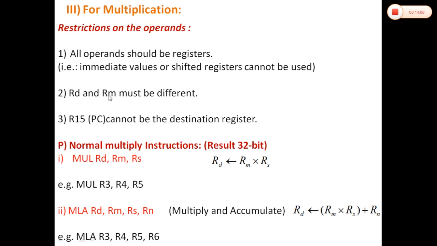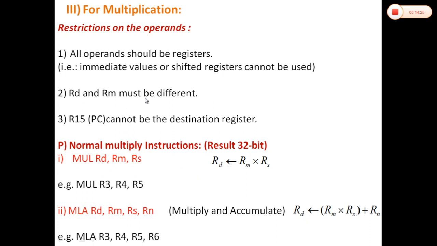Secondly, Rd and Rm must be different. For example, in this kind of multiply instruction, the source operands are Rm and Rs, and Rd is the destination operand. It is required that the destination operand should be different from both the source operands. You cannot use the same operand here.